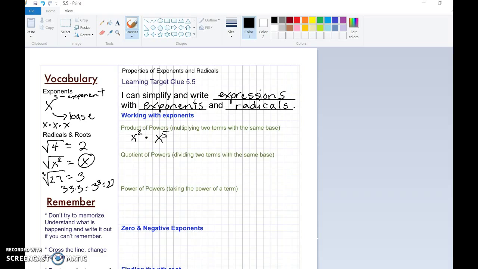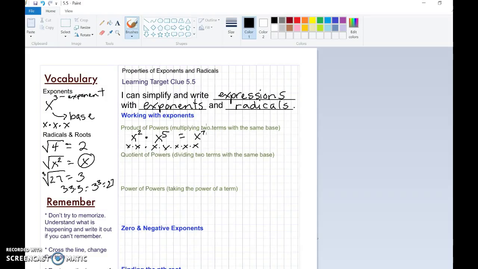Well, x to the second just means x times x, and x to the fifth means x times x times x times x times x. So I have 2 x's and 5 x's, and all of them are being multiplied together. And so I end up with x to the 7th.